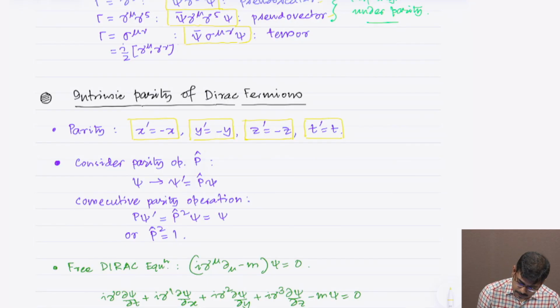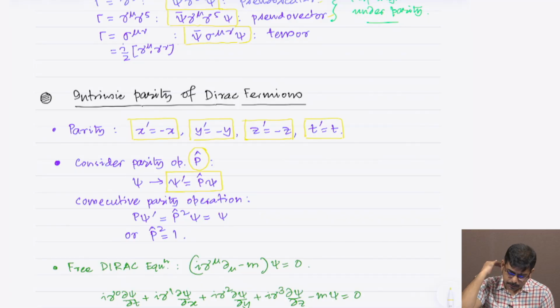Suppose I consider that operator to be P, and the process of transforming psi to psi prime is an operation of having the operator P acting on it. It takes the psi from x, y, z, t to x prime, y prime, z prime and t prime, where these have the above relation.